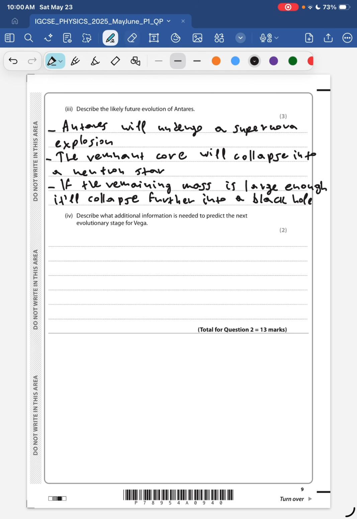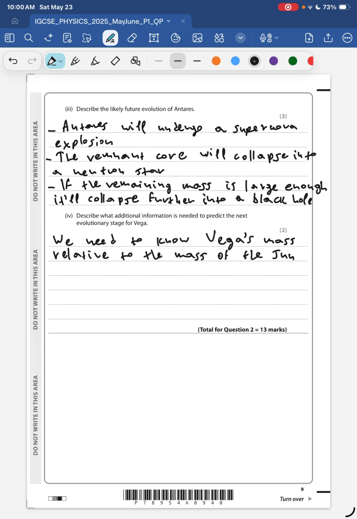Okay, right. Part 4. Describe what additional information is needed to predict the next evolutionary stage of Vega. So we need to know Vega's mass relative to the mass of the sun, because the future evolution depends on its mass.